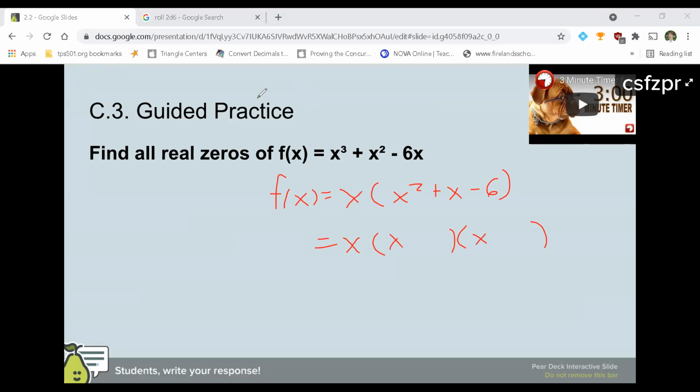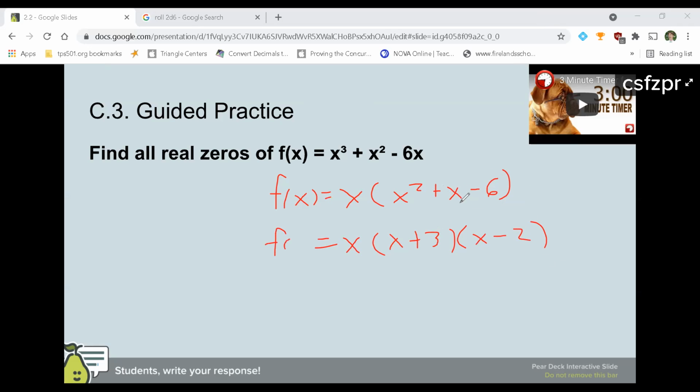X and X. All right, what numbers should I put here? Close. You have the right numbers, but I believe the 3 should be positive and the 2 should be negative, because that way 3 times -2 is -6, and 3 plus -2 is +1.